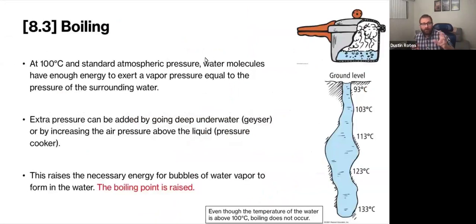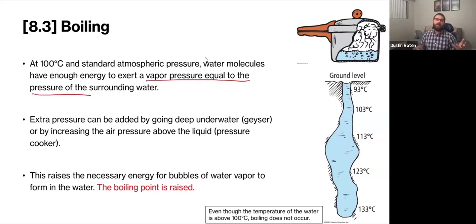Normally, at 100 degrees Celsius or 212 degrees Fahrenheit, if you have just standard atmospheric pressure, around sea level and typical 100 degrees Celsius water, water molecules will have enough energy to exert a vapor pressure equal to the pressure of the surrounding water.